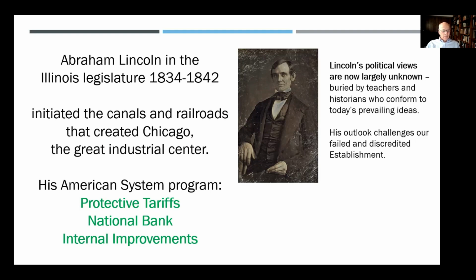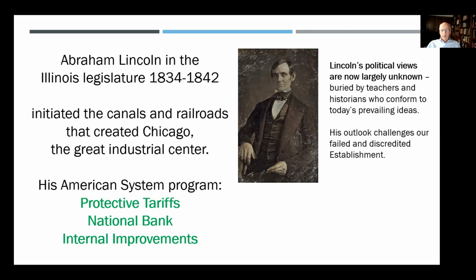And his program, his idea, his political idea, very, very specific, is unknown today. Teachers and historians and others in media don't discuss it.